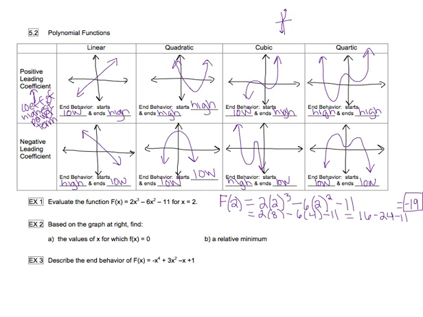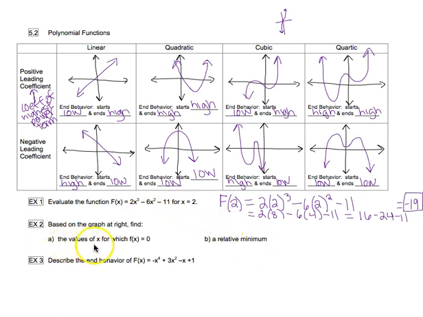Example 2. We're going to be finding several things. It looks like I forgot to paste the picture in here, so let me just grab it after I read what we're finding. So based on the graph that I'm going to show you, we're going to find the values of x for which f of x equals 0, and then we're going to find a relative minimum.